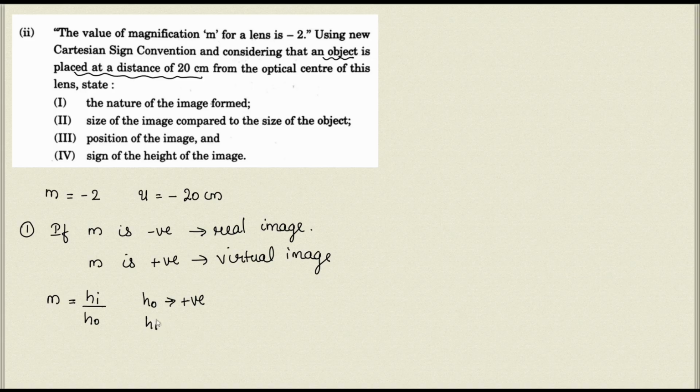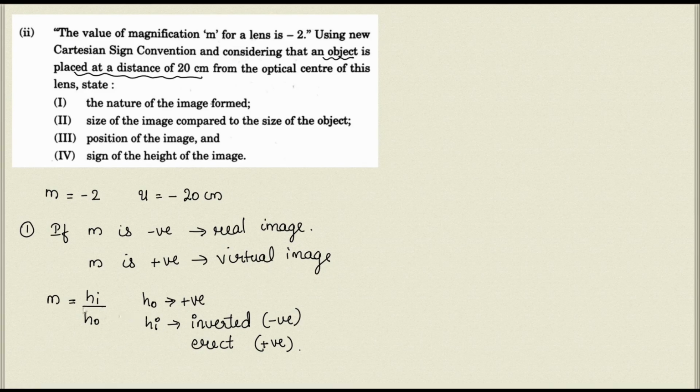And height of the image, its position changes. If it is a real image, it will be inverted. If it is inverted, definitely height of the image will be taken as negative. If it is a virtual image, the image will be erect. Then the height of the image has to be taken as positive. So it is height of the image that decides the sign of magnification.